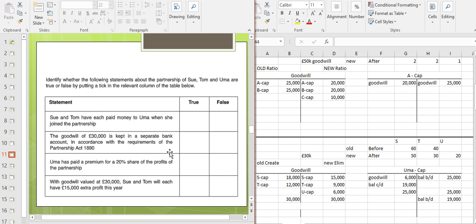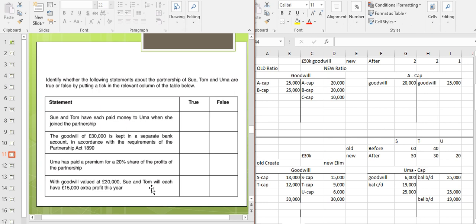Number 3, Uma has paid a premium for 20% share of the profits. That is correct. So we had false, and this one is true. Uma has paid 20% of the goodwill value, okay, and she has paid that to Sue and Tom. With goodwill valued at 30, Sue and Tom will each have 15,000 extra profit this year.